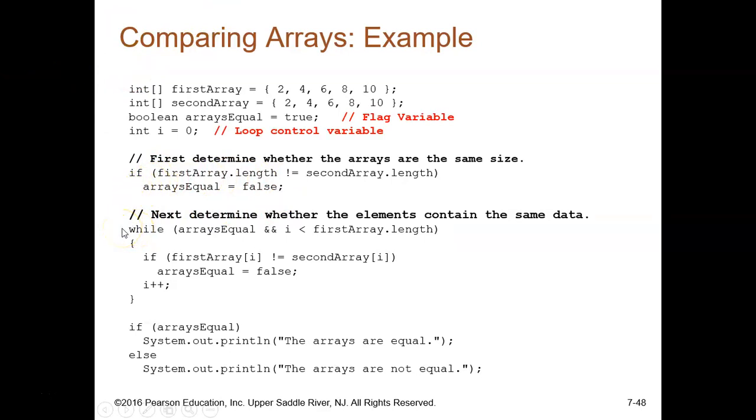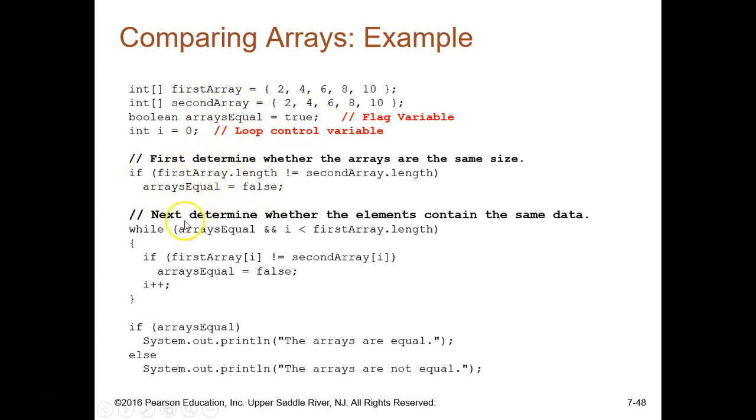Well, after we determine if the arrays are the same length, we move on into determining whether the individual elements are equal. So we say while arrays equal, okay, and we just determined that up top. We have our Boolean expression, arrays equal to true, or maybe it was changed here and it's equal to false.